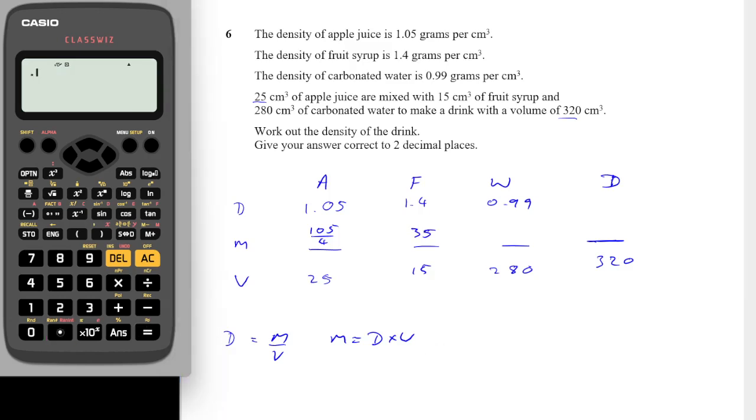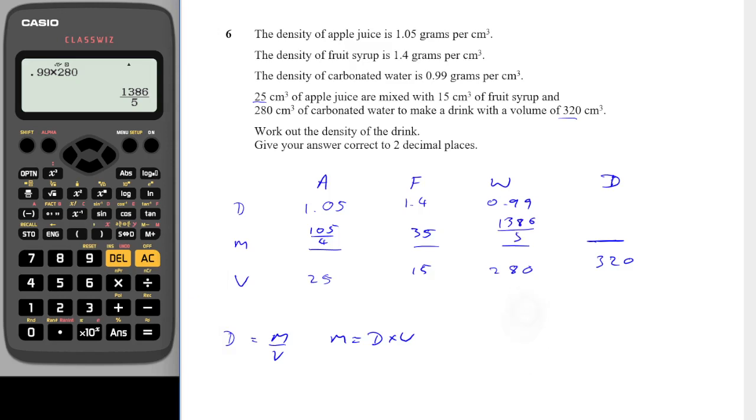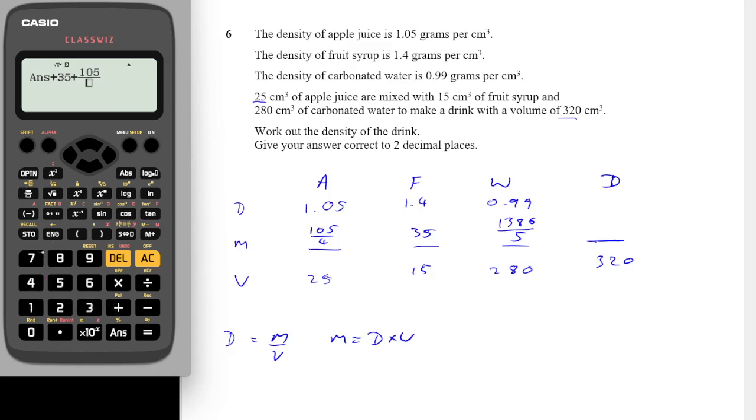And then for water, 0.99 times 280 is going to give me 1,386 over 5. So the total mass of the liquid is going to be that plus 35 plus 105 over 4.